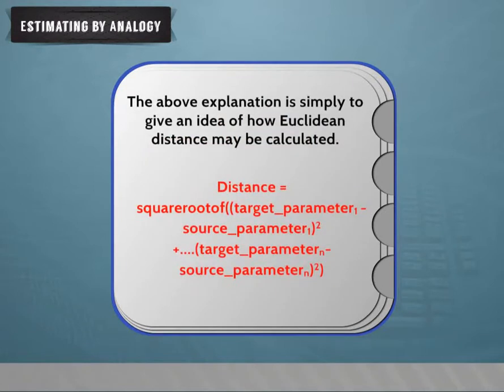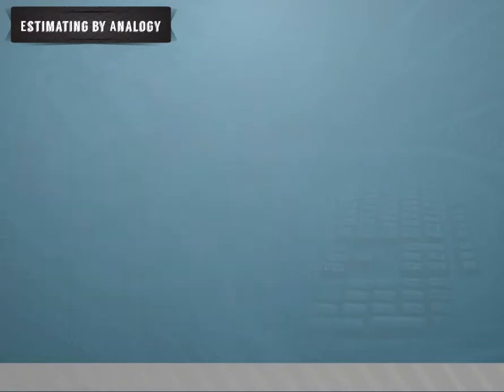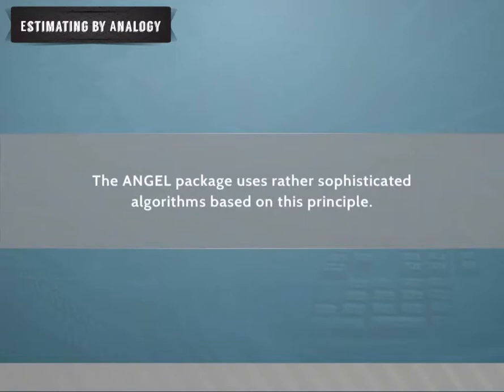The above explanation is simply to give an idea of how Euclidean distance may be calculated. The Angel package uses rather sophisticated algorithms based on this principle.